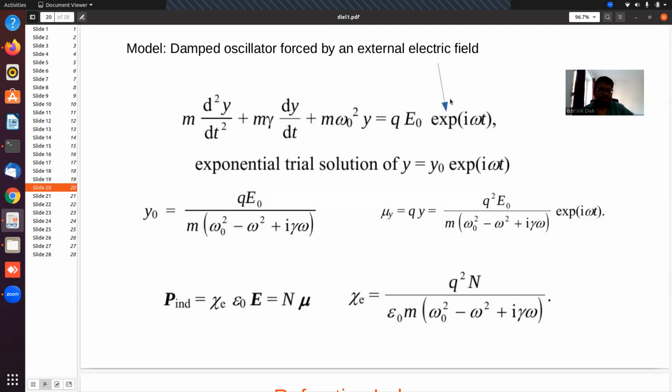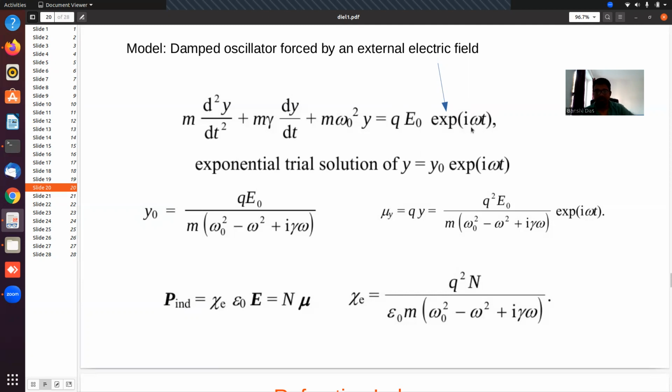Better to explain here. So this is the equation, okay, the Lagrange equation for that model system. That model system is made by Lorentz for that specific problem of the displacement of charge due to the electromagnetic wave. Electromagnetic wave means E naught e to the power i omega t.